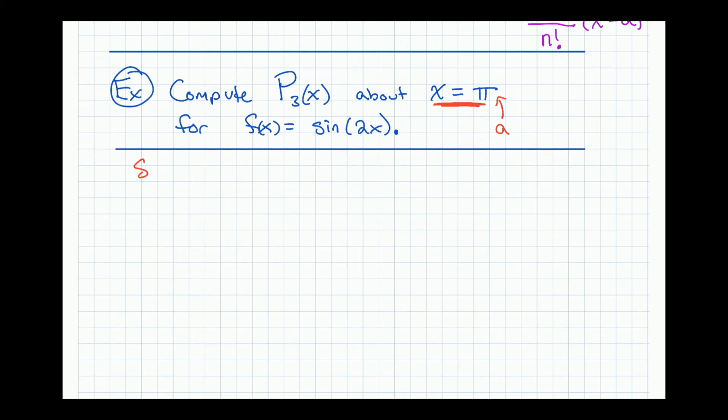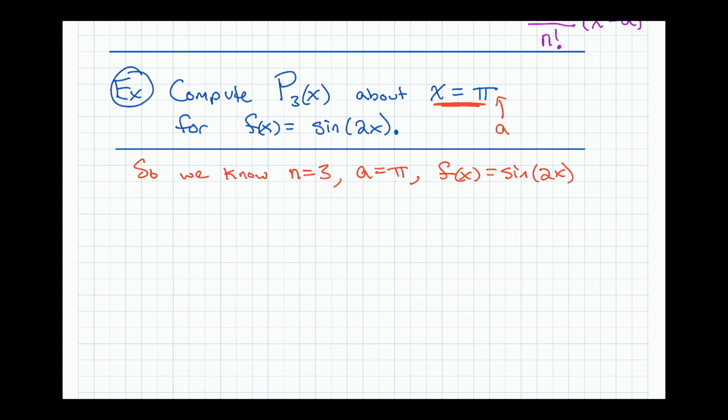Okay, so before we start, we know a few things. First of all, we know what degree polynomial it is. 3. Okay, and we know what the a is. A is pi, and of course we know what the function is. The function is sine 2x, right?